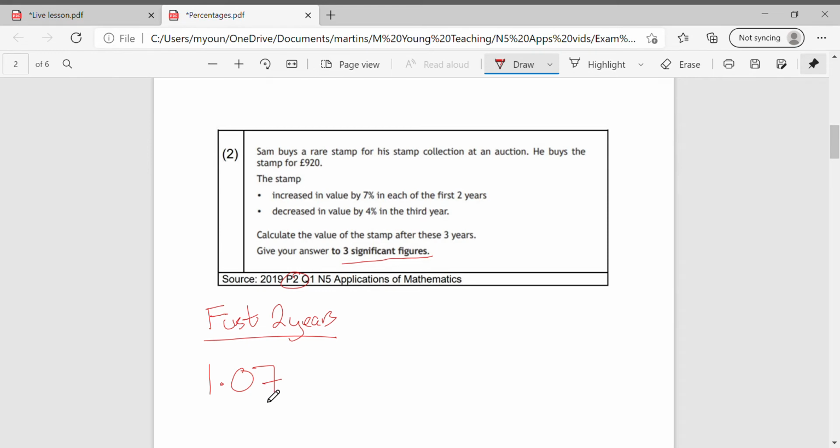Turn this into 0.07 and then add it on to 1, because that's what we always start with. This one is actually for 2 years, so I can have a wee power there of 2, because remember what you would be doing is multiplying 920 by 1.07, but then you'd be doing it again for the next year, so that's just squaring it. Okay, so that'll tell us how much it's worth after 2 years.